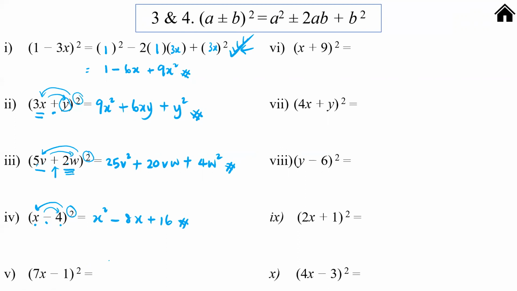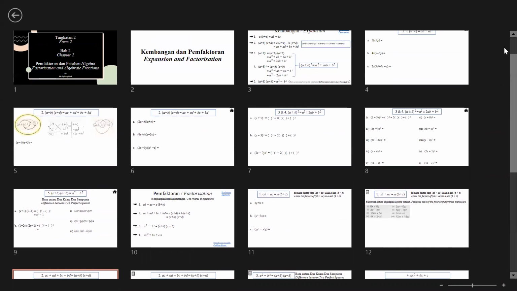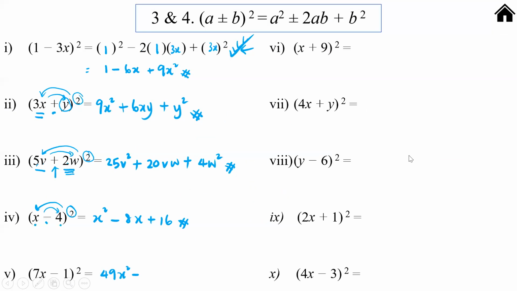Done. Okay, this one, 7x. So square the 7x, so we have 49x squared minus. This is minus, so follow minus. Sorry. Where were we? Yep, this one.